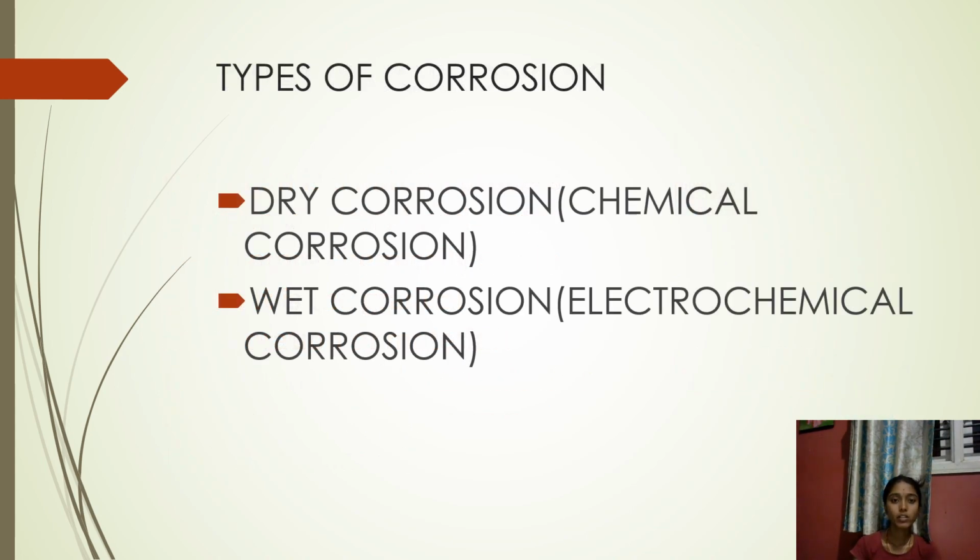Let us discuss types of corrosion. There are mainly two types of corrosion: dry corrosion, which is also known as chemical corrosion, and wet corrosion, which is also known as electrochemical corrosion. Let us know the definition of these two terms.